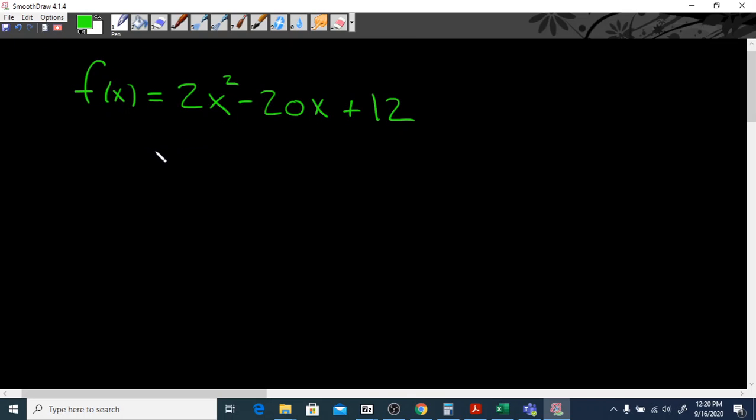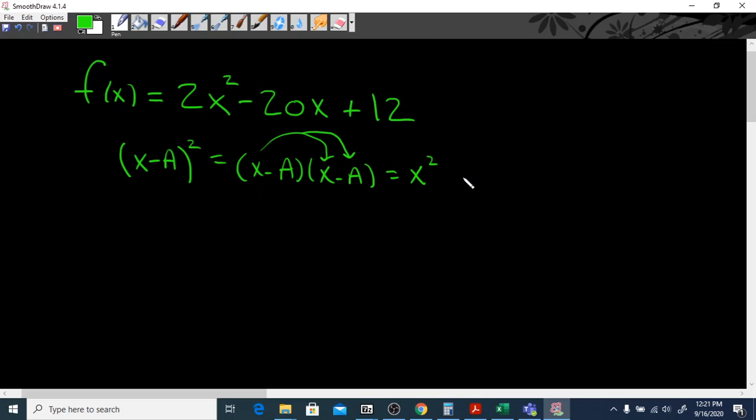Okay. So as a guide, we're going to use this thing. x minus a squared is x minus a times x minus a. If I distribute the x, x times x is x squared. x times negative a is minus ax.